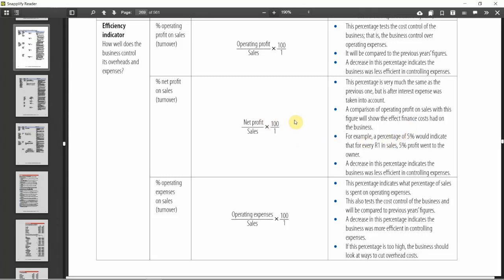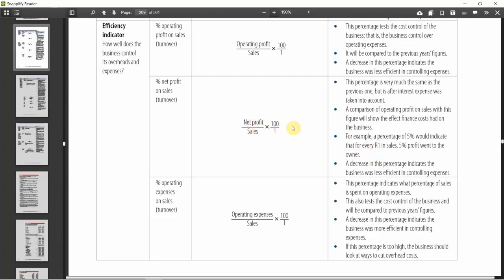So in a sense, finance costs will therefore affect this ratio. So it shows the influence of finance costs on the efficiency of the business.